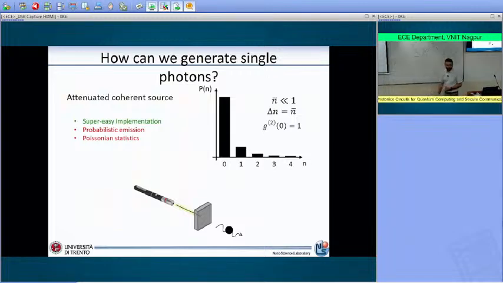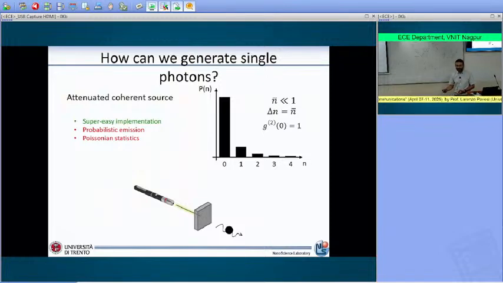What are the problems? The problems are associated with the fact that the source is not deterministic. Since I am attenuating, I don't know whether the photon is coming or not. The second problem is associated with the statistical properties of the distribution of the photon states. This is the statistical distribution of the photons based on the number of photons in the photon state. When I have 0, it means that in the photon state I do not have photons.